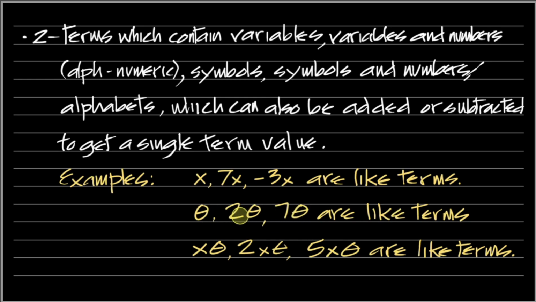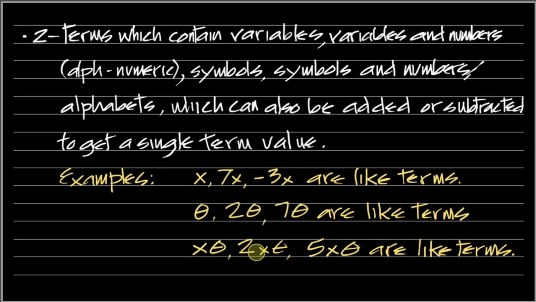So you can add them and get a single term value. x theta, 2x theta, 5x theta are also like terms because you can add them to get a single term value.